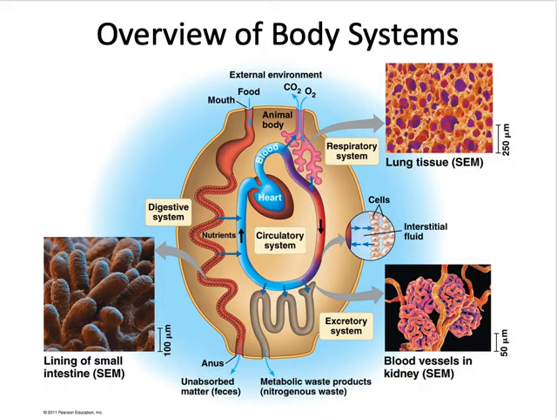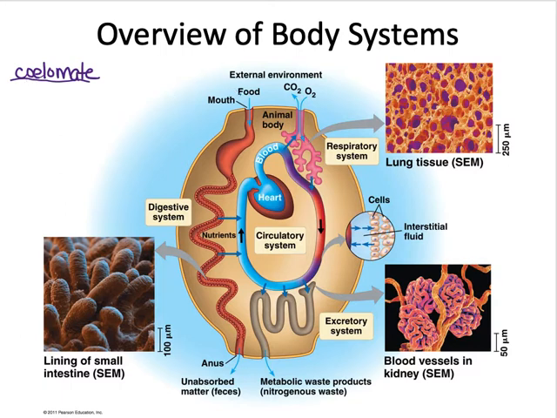All right, that's it for tissues. Next up is to review the general differences between all the body system types. This picture shows the typical body of an animal, a coelomate, that has a circulatory system and a respiratory system.